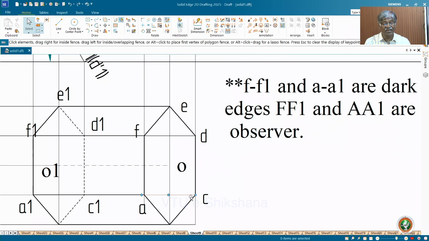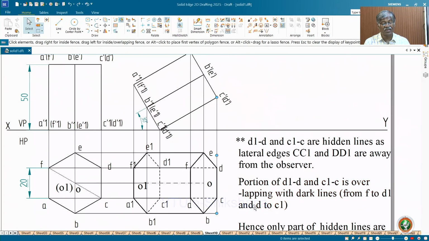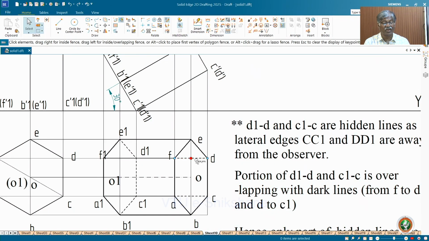Again CA must be made hidden. That is visible surface, invisible line. It will continue up to D1, but that portion is already occupied by the dark line, so it is not visible, that's all. So now what I do is I will keep this line dotted, only this portion.